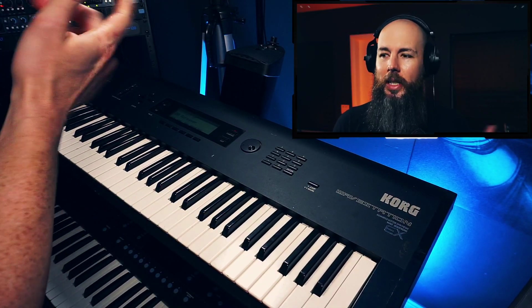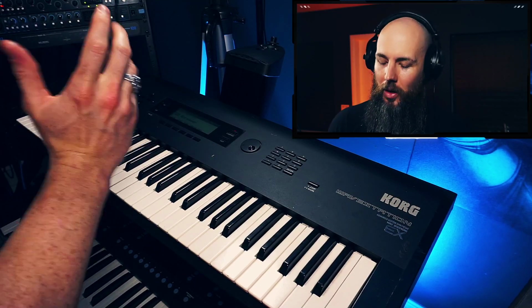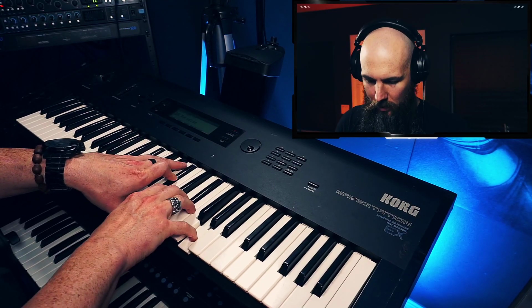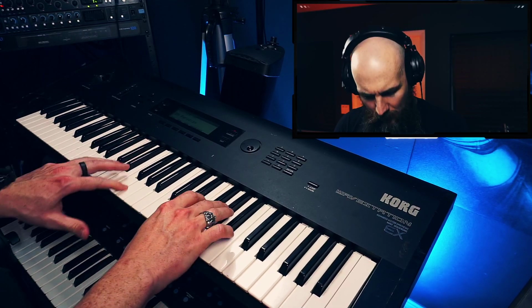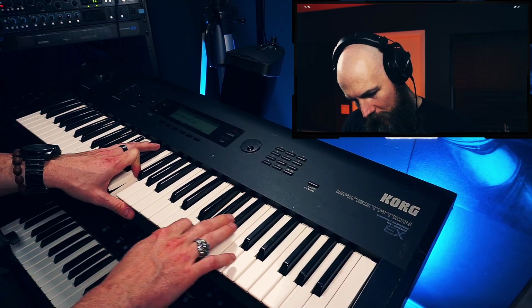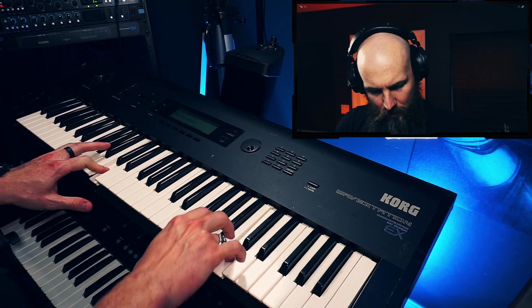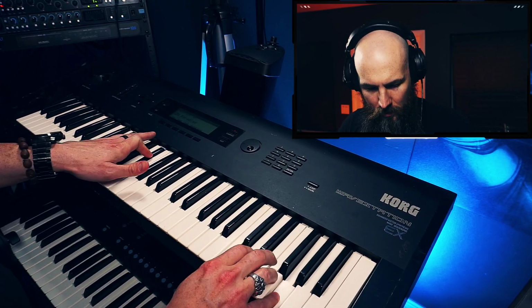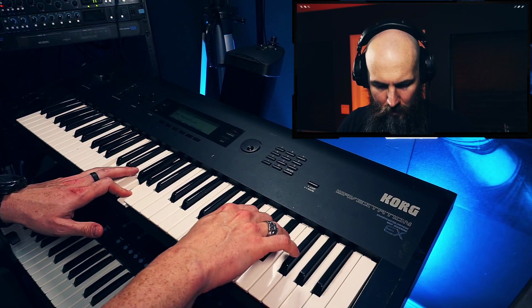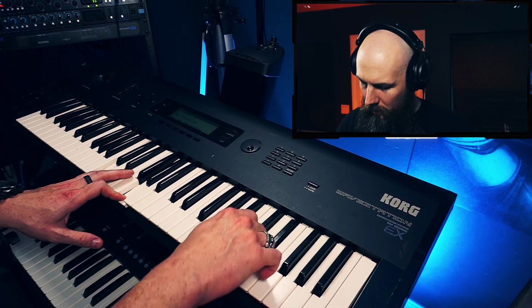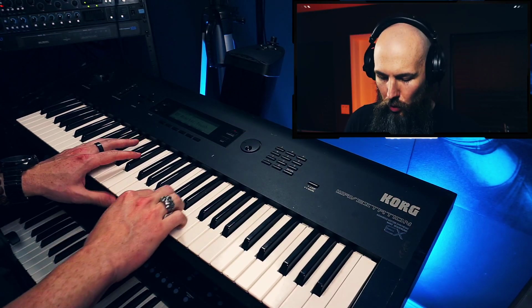I'm actually surprised by how many leads are in this thing. I haven't heard too many basses though. Paradise. Digital touch.